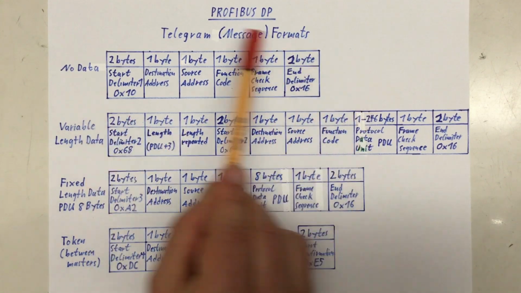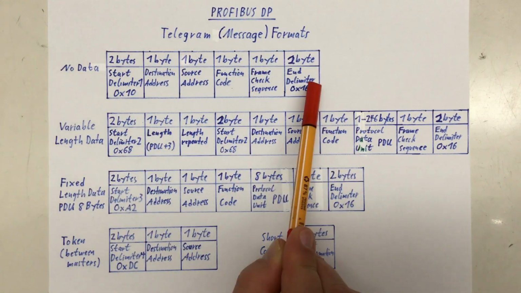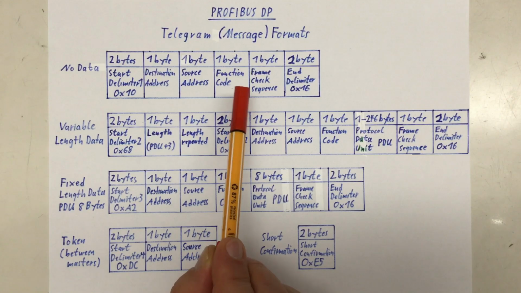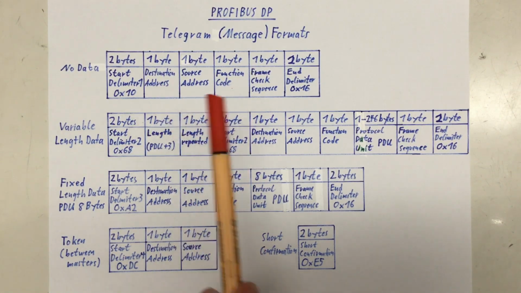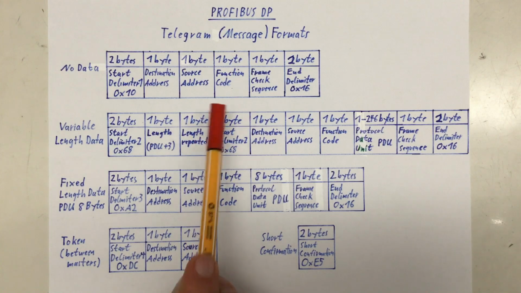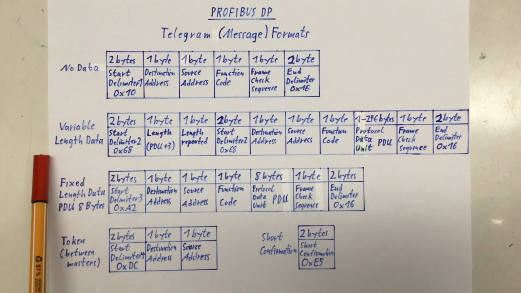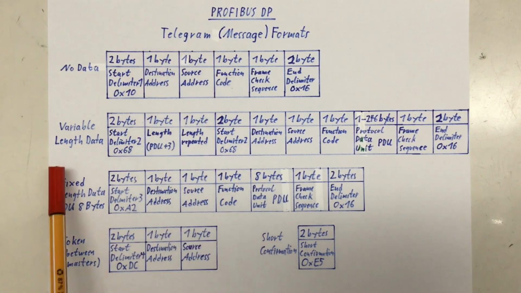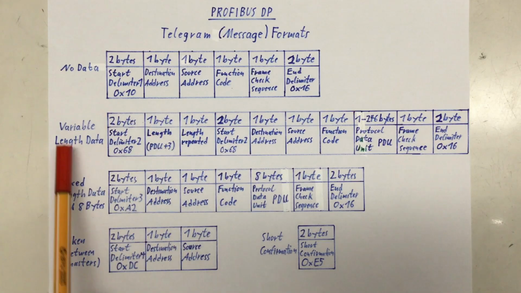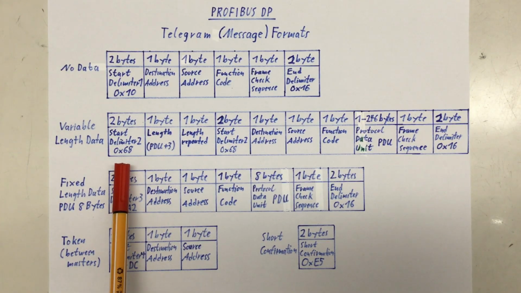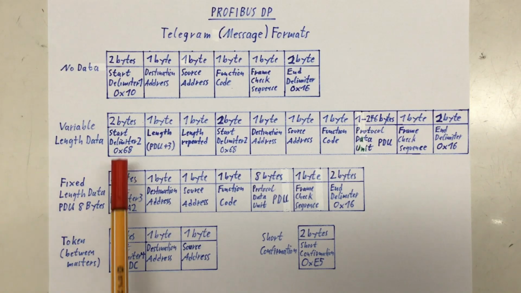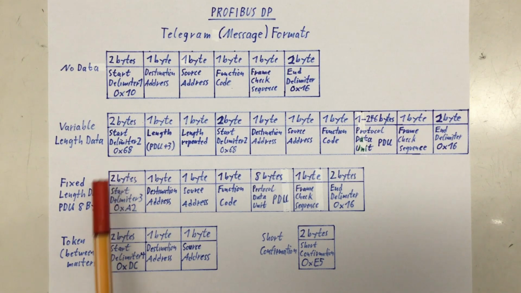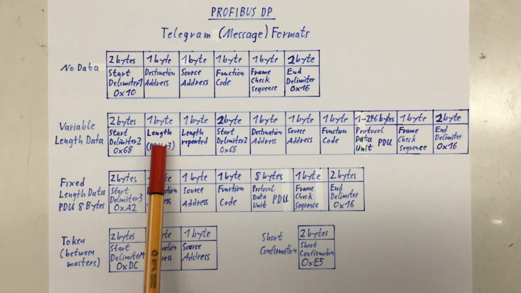It contains absolutely no application data and is used by the protocol, for example, to indicate that a previous message has been received. The variable length data telegram is the first telegram that actually carries some application payload, obviously of variable length. Its start delimiter has a hexadecimal value of 68. Then comes the 1-byte length.